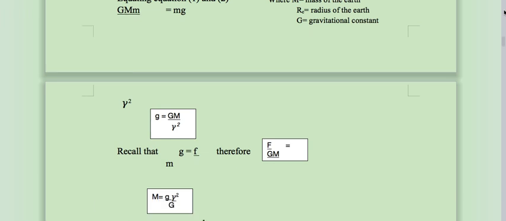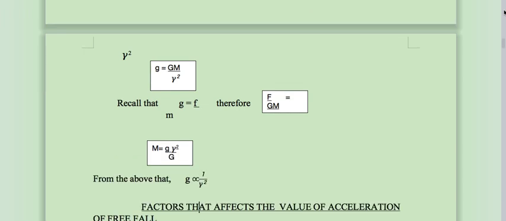However, recall that sometimes our small g can be F over m, that is the strength of the gravity, or our acceleration due to gravity from the weight of an object, which is F equals mg. Make g the subject of the formula and it becomes F over m, or ratio of force to the mass. Therefore, I can easily say that my capital M can also be gr squared all over the big G.